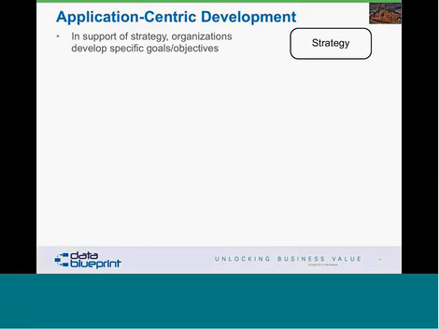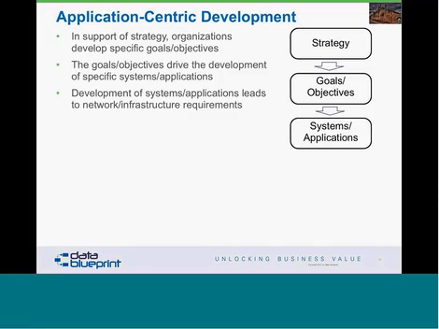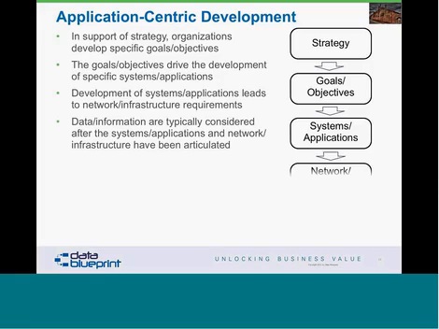Let's press on for the moment and talk about the reason we need to change the way we build things: we use a traditional application-centric development perspective, which says that the organization starts out with a strategy, comes up with some goals and objectives, and then a natural, logical next step seems to be that we go to systems and applications.